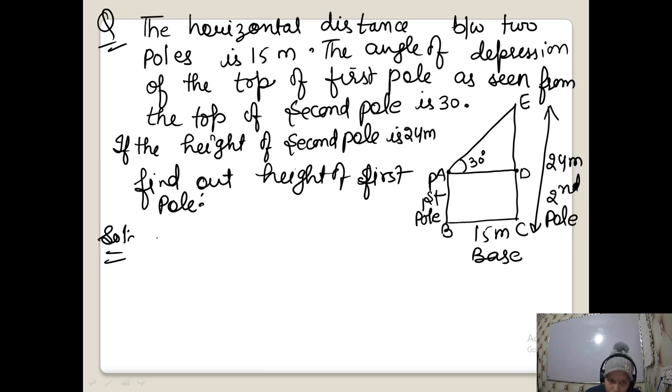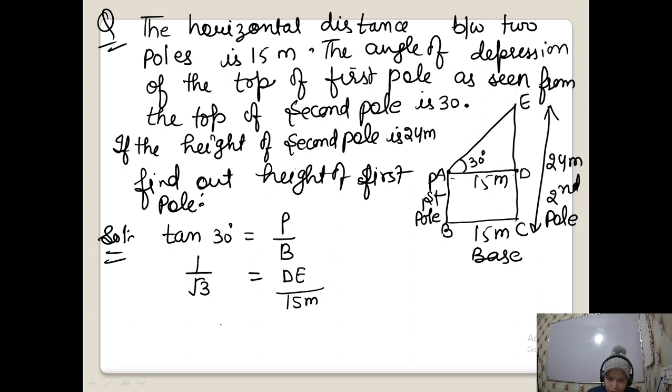First of all, you have to write tan 30 degrees is equal to P over B. Tan 30 is equal to 1 by root 3, and P we have to find, that is DE, over the base, and here we are given AD, that is equal to BC, that is 15 meters.